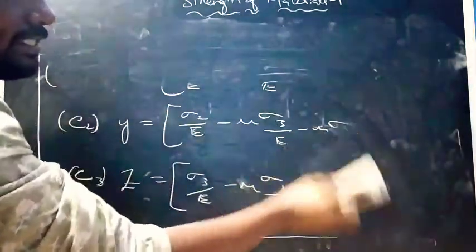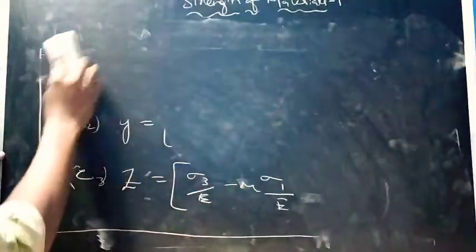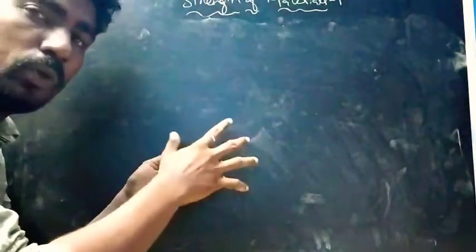Lecture number 6, most awaited lecture. All the concepts we applied till now, we are going to apply on the problematic part. So right now we are going to start with the first numerical.